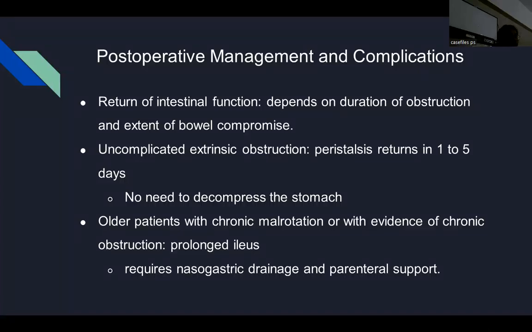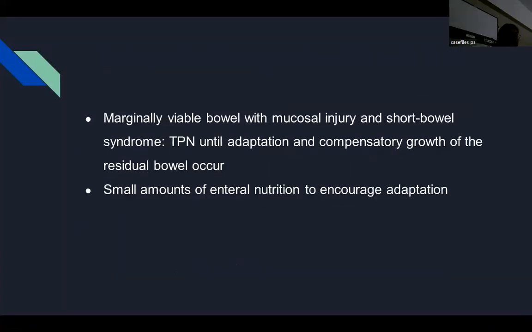However, if the patient presents with chronic malrotation, or if there is evidence of chronic obstruction or volvulus, we can expect prolonged ileus in these patients, and they might require decompression of the stomach as per need.